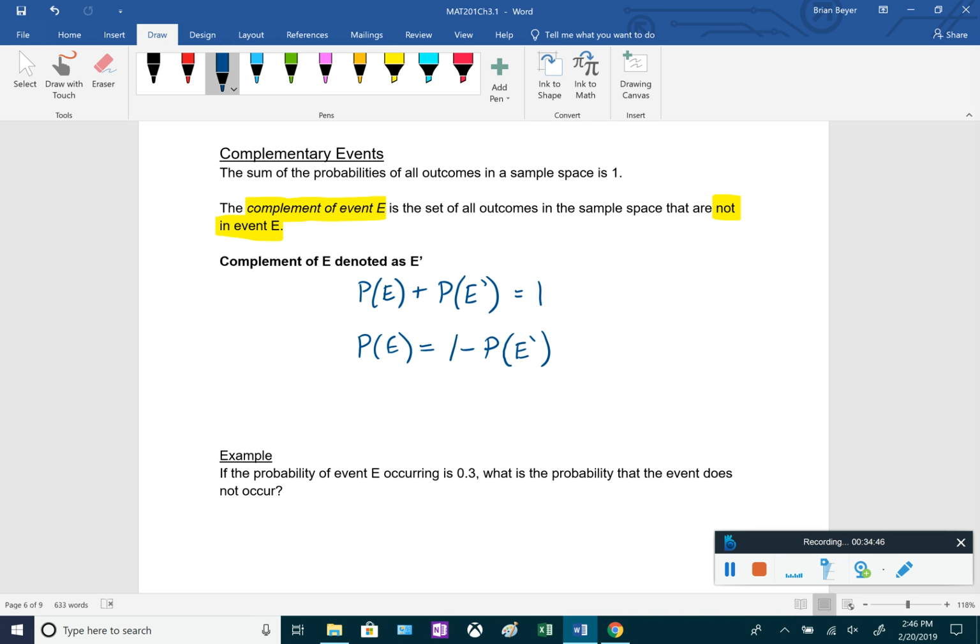Or we could start from that first one and subtract the probability of E on both sides. We would get the probability of E complement equals 1 minus the probability of event E. These all mean the same exact formula, just rearranged a little bit, but sometimes it'll be a little bit easier using one compared to the other.